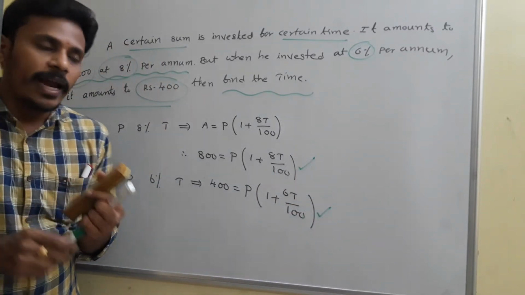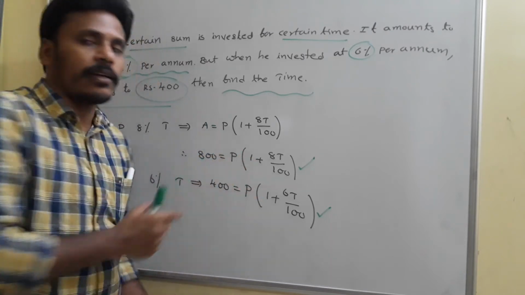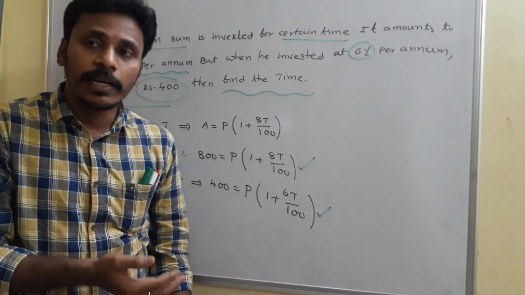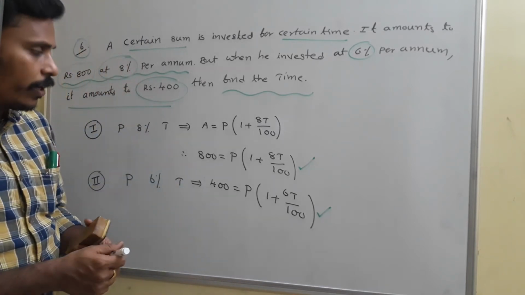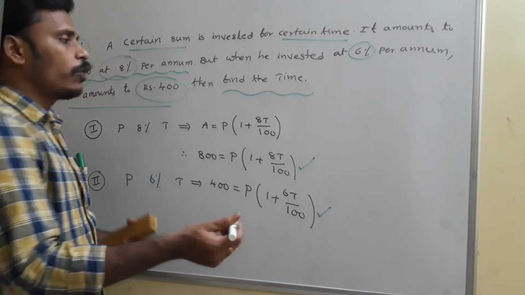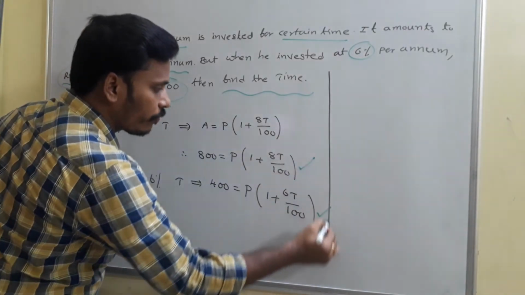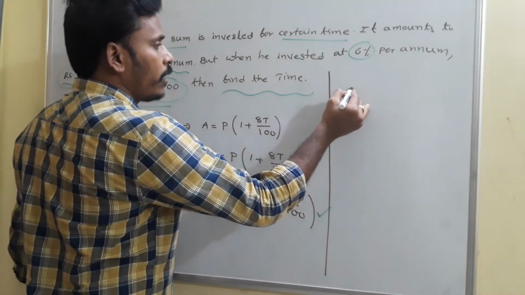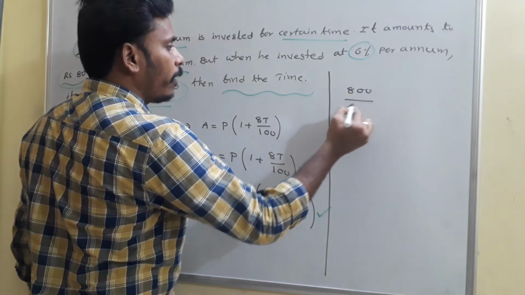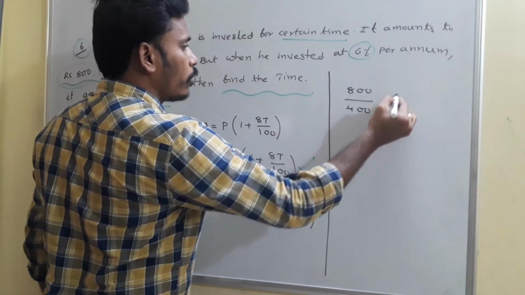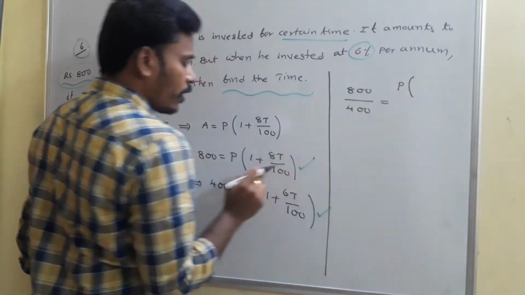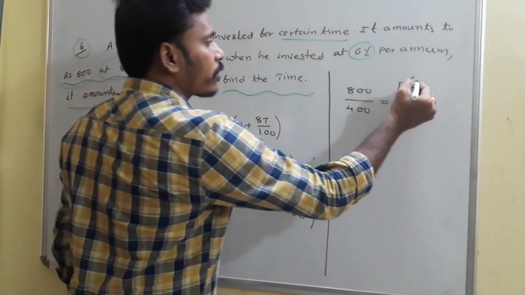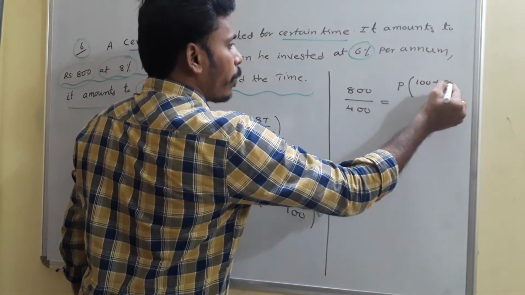We need to divide the first equation with the second, so that P gets eliminated, and automatically we will get T. So 800 divided by 400 is equal to P into 1 plus 8T by 100. If you take the LCM, it becomes 100 plus 8T by 100.